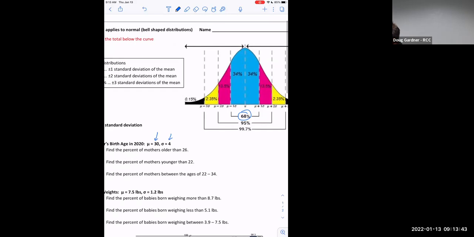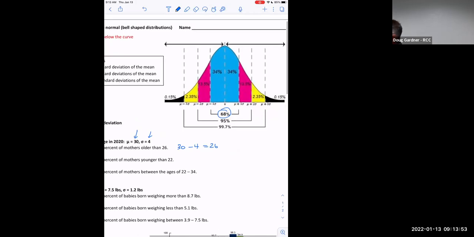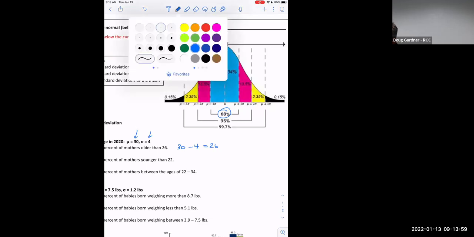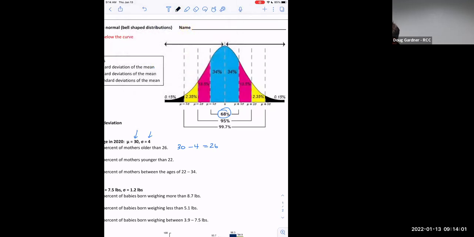But you have to say, oh, 30 minus 1 standard deviation is 26. So where does that put me on the graph then? Do you know where you are on the graph? Do you agree this is the average? So that's the 30-year-olds, correct?